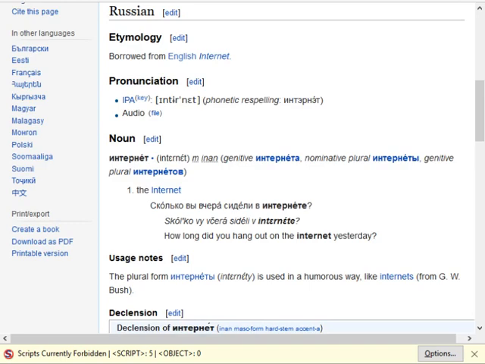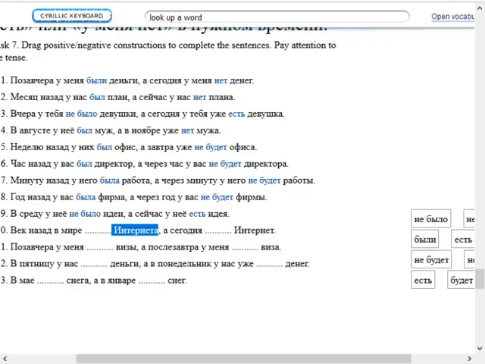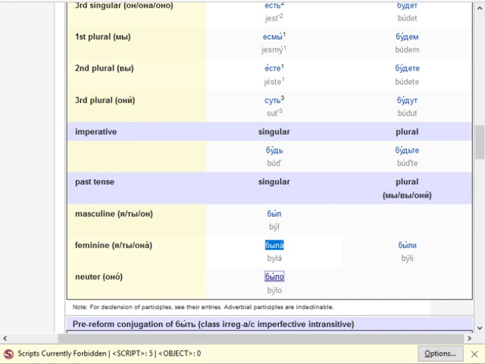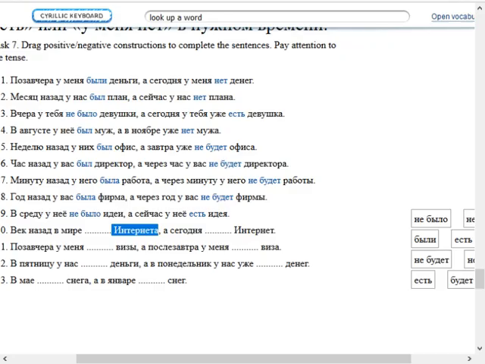So internet is masculine, and we're talking about past tense of masculine. So past tense masculine should be "был." But according to this, it's still "было." The answer they're expecting is "не было." But again, why? Internet is masculine.